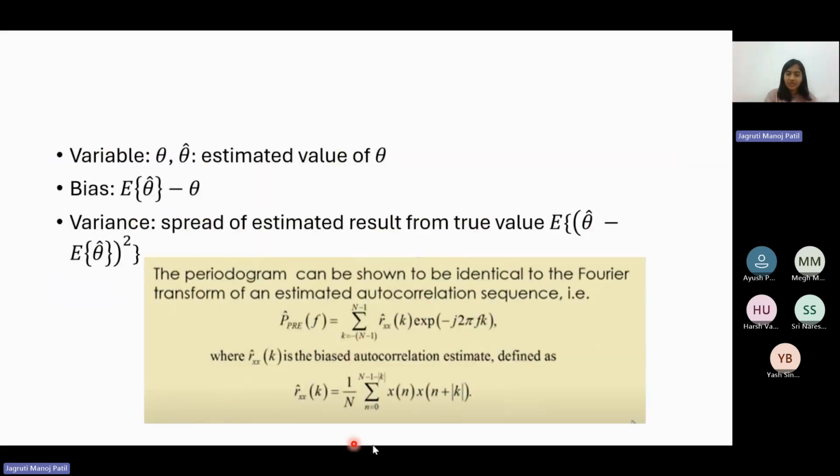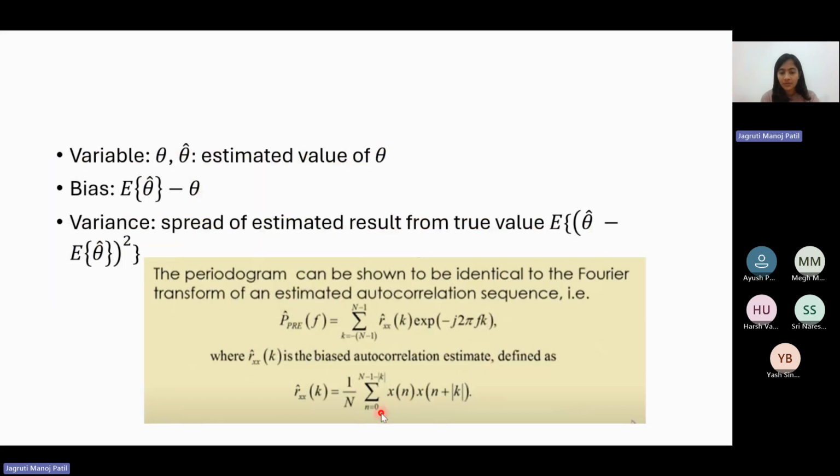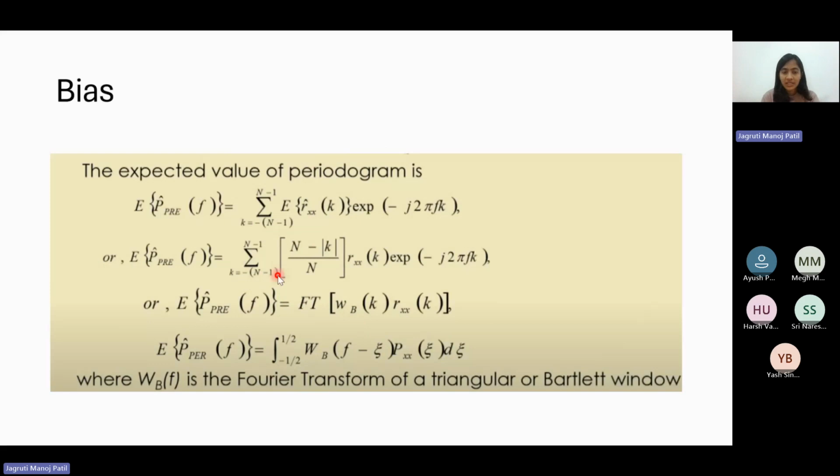Here it was from 0 to this particular point. Now you change the limits for k and n. If you notice, k's limits were the same, but you no longer have the small n term here. Now this is symmetric, so to compensate for the extra terms in the negative domain, you take n minus mod k divided by the total number of terms that you had.